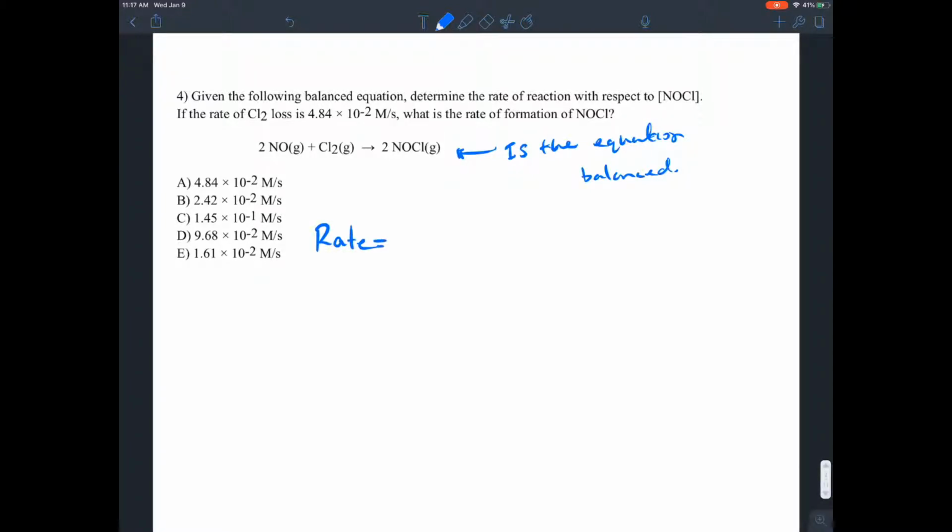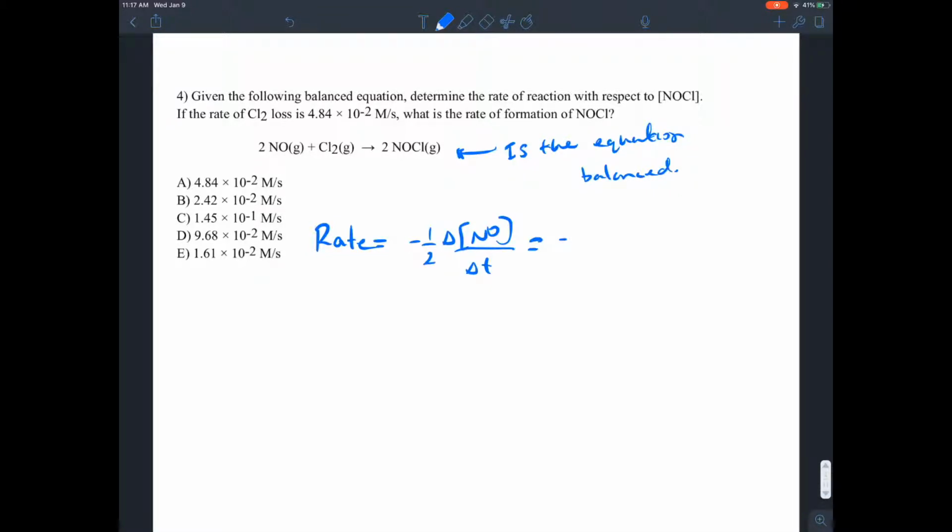So that's rate equals, well, we have two reactants which are going to have a negative rate delta equation, whatever you want to call it. So that's going to be negative 1/2 delta concentration of NO over delta T, and that's going to be equal to, we have no coefficient in front of Cl2, so there's no fraction in front of it.